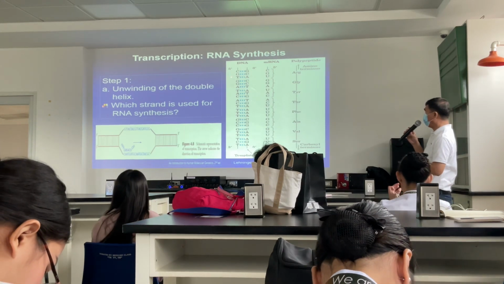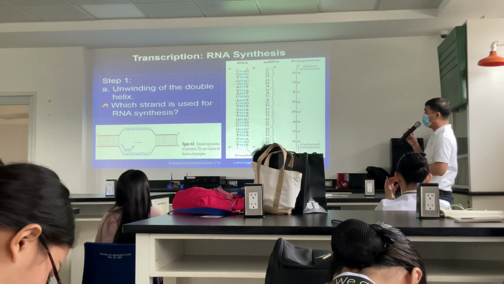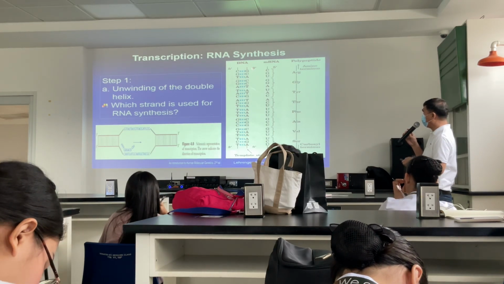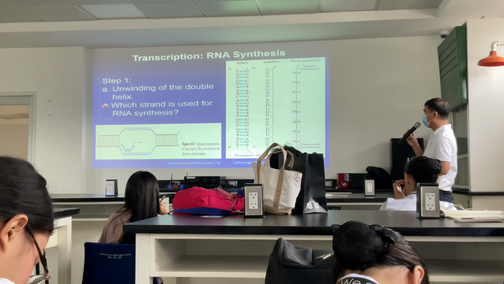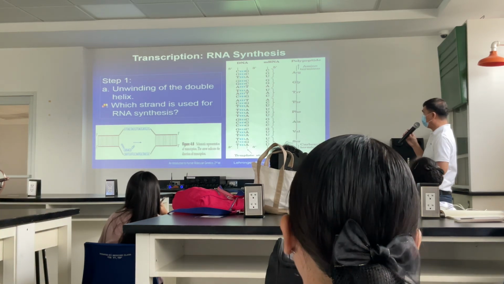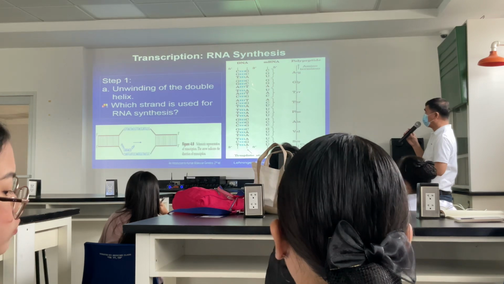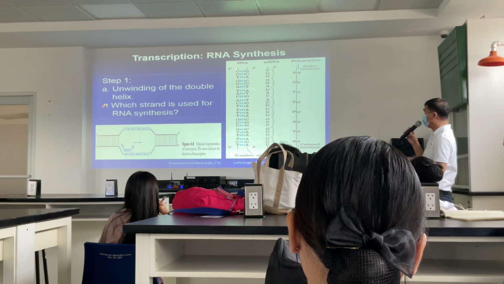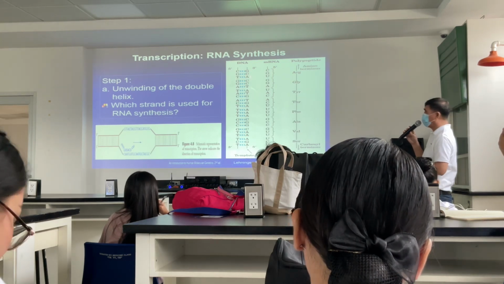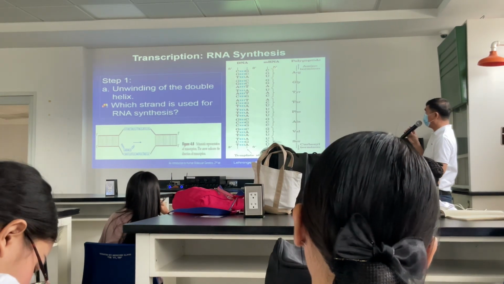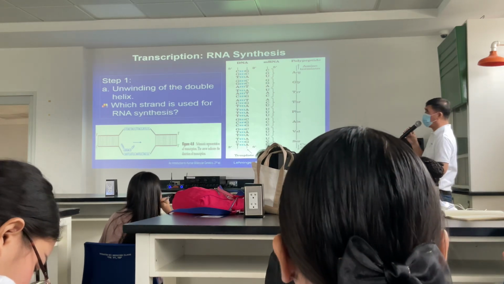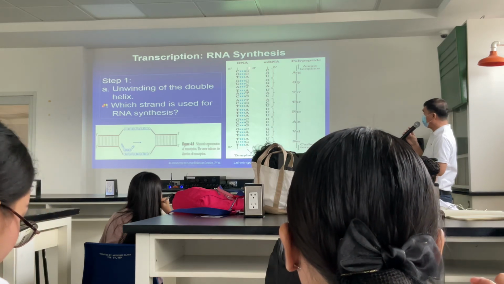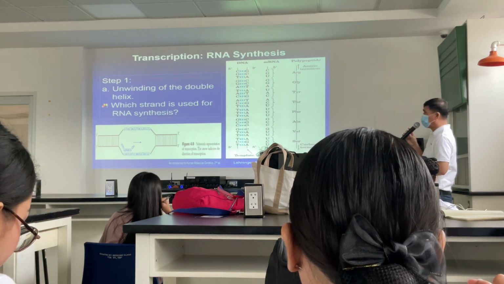So this is your DNA molecule composed of two strands. They will unwind. This strand running from the 3' to the 5' direction is the template strand utilized in the synthesis of RNA, while this one is the informational strand. Therefore, the synthesis of mRNA is dictated by the sequence of nucleotides in the template strand.